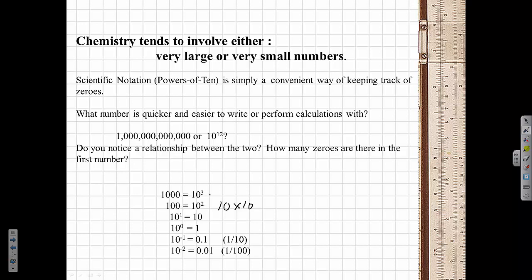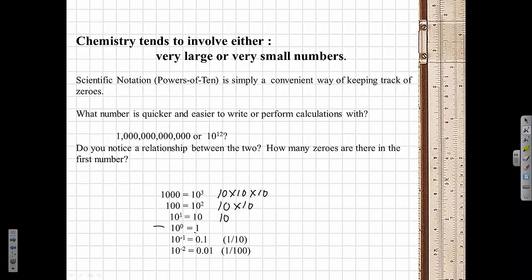There's a 2 here. 10 times 10 times 10 is 10 cubed, 10 to the 3rd power. That has 3 zeros. And you can keep going on all the way up to 10 to the 12th if you like. 10 to the 1 is simply 10. It's a 1 with, you guessed it, 1 zero. 1, how many zeros do you see here? There's 0. So 10 to the 0 is 1.